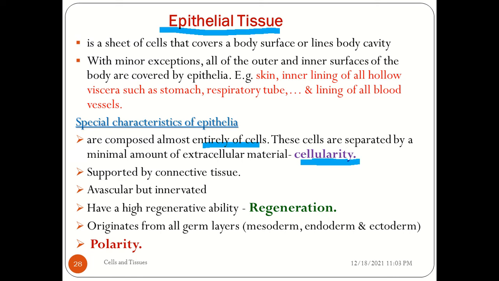In the case of epithelial tissue, there are more cells but a minimal amount of extracellular matrix. This characteristic is known as cellularity.